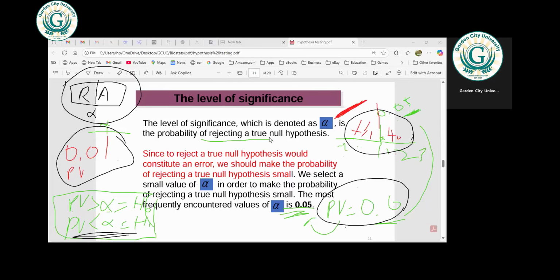Index number, please unmute yourself and talk. Hello, sir. Please, do you have a recorded version of this lesson, like you sent the last time, so that we can be listening? Because it's a bit confusing. To be frank, this one I don't know, but the school is recording this lecture, so definitely you will get it.